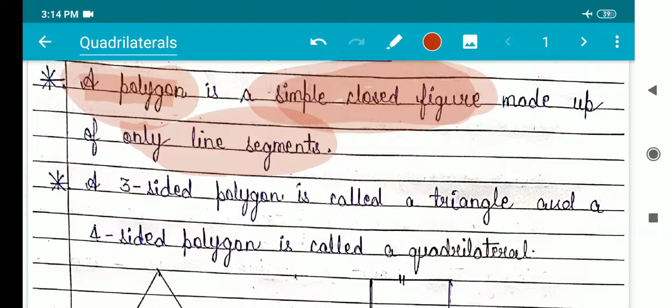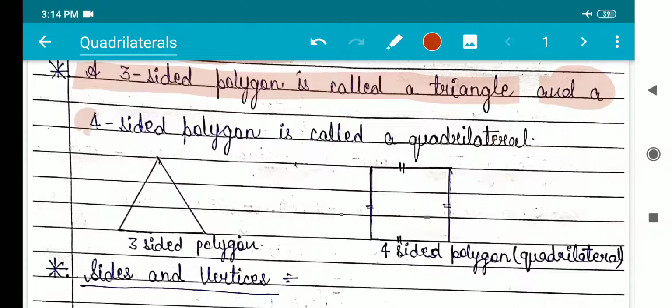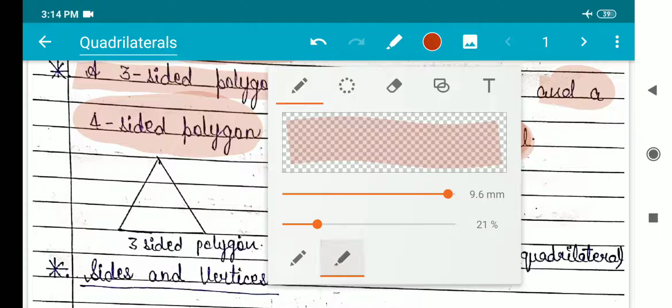A three-sided polygon is called a triangle and a four-sided polygon is called a quadrilateral. As we know, a three-sided polygon is called a triangle. In the same way, a four-sided polygon is called a quadrilateral.